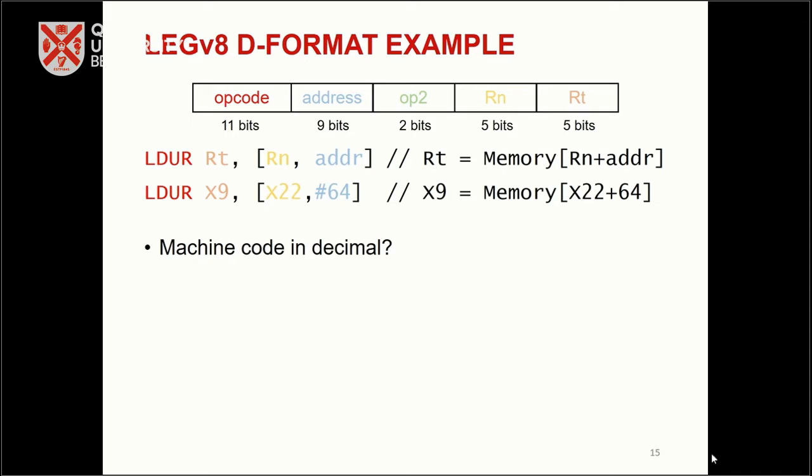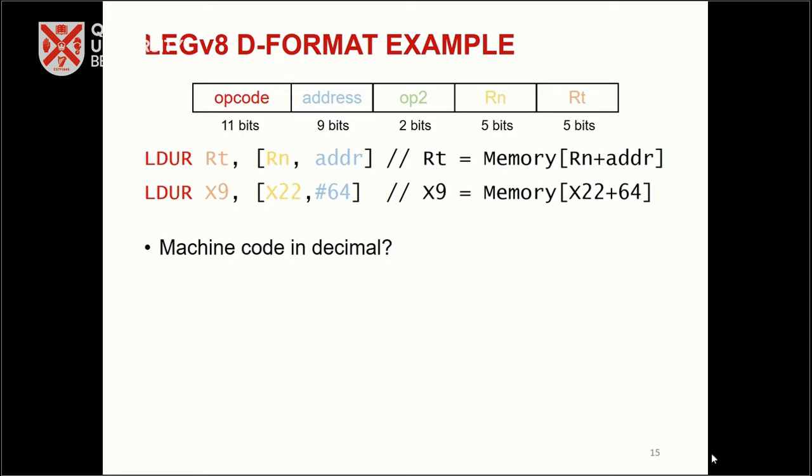So an example with this format, again with colors. The operation code, in this case, is load scaled register. So we have the register target, which means the register in which I'm going to transfer from memory. And then we have the Rn, which is the first input, which in this case is the base address of the array in memory.